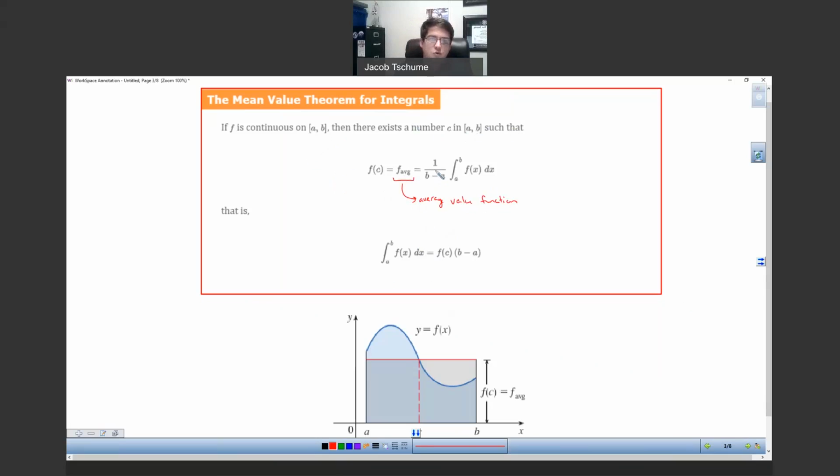In front of the integral would be the constant 1 over b minus a, which is just the subtraction of the endpoints. Then you will multiply that by the integral from a to b of the function f of x dx. And then once you evaluate this, so that's the average value function, there has to be a value c that you could plug into the original function and get that value.